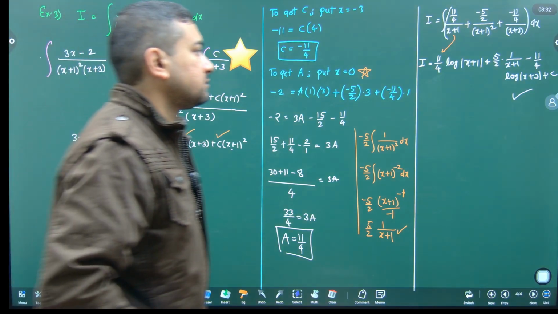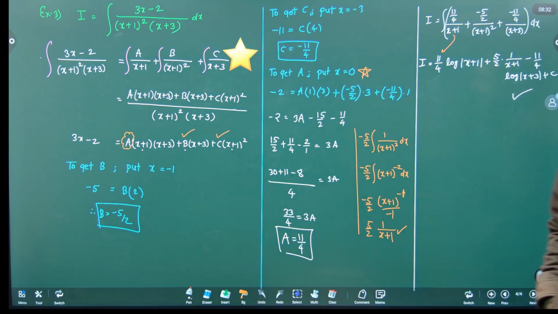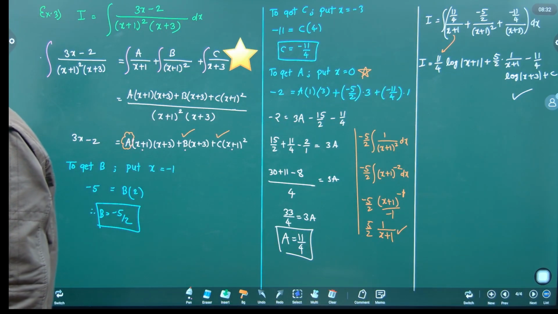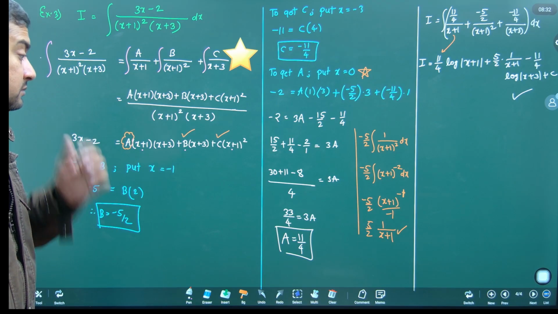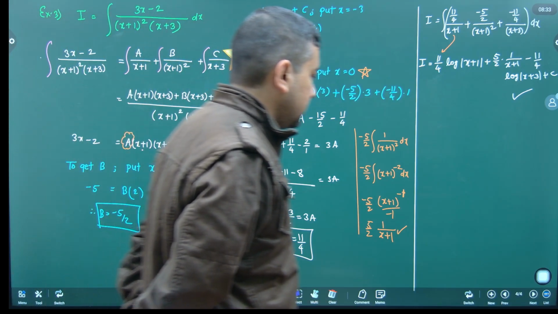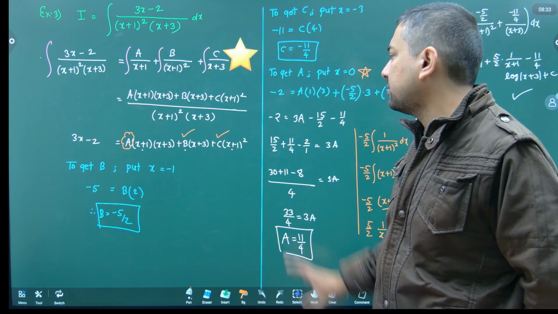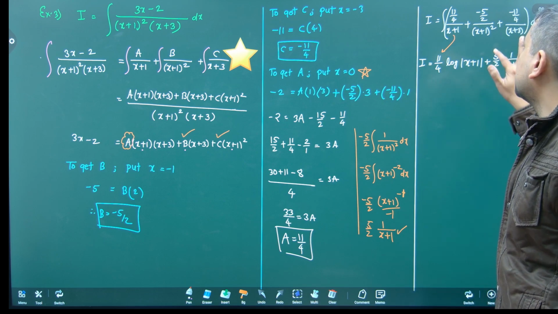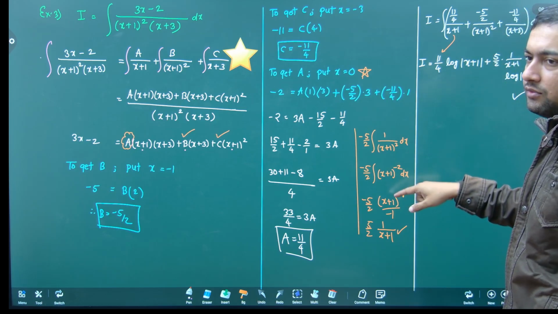Correct? So I hope the complete example is clear to you. Again I am repeating, this type is important. See, mostly the problem will be finding A, and second, most of the students won't be able to find the integral of this. It's a simple x to the power n form.